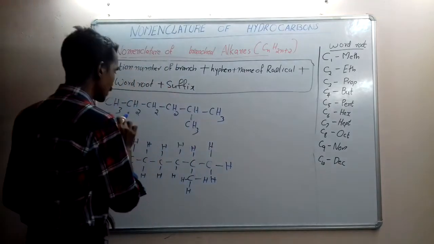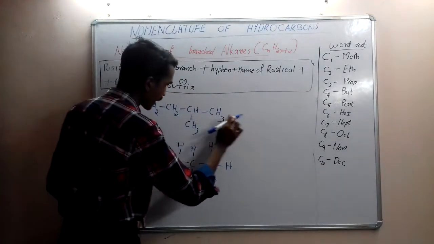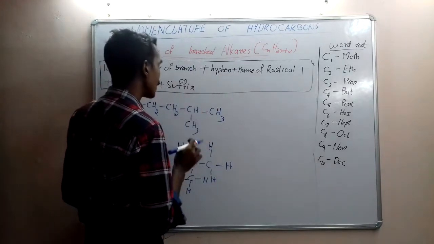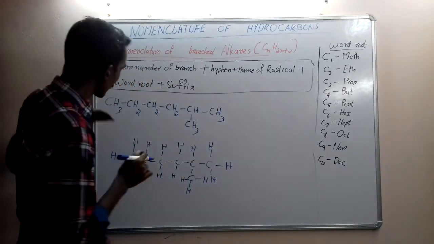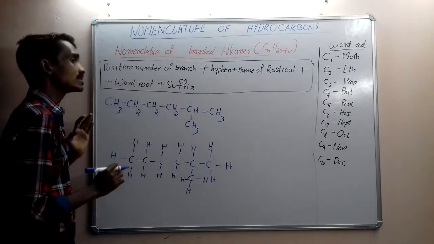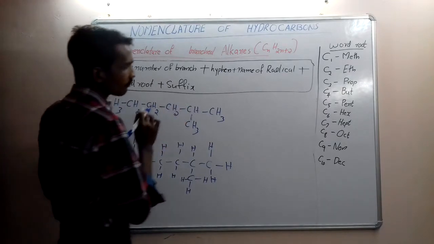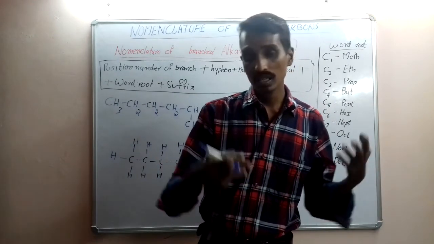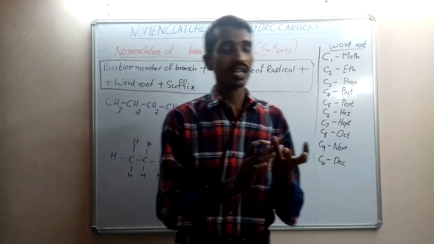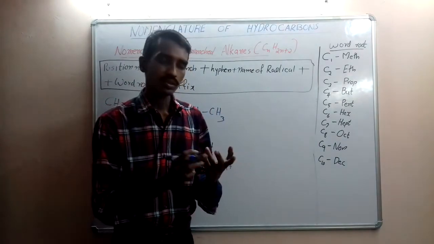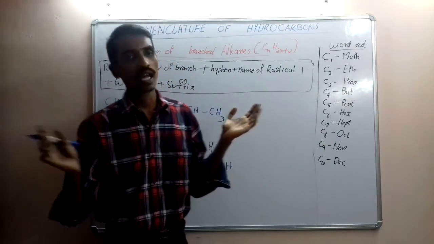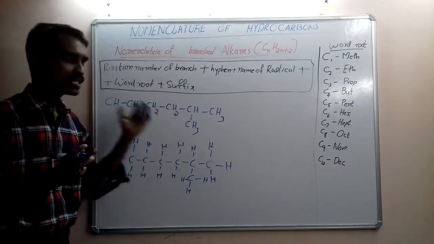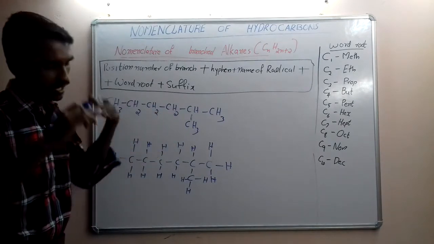So in this case, this is the main branch and the CH3 is known as alkyl radical. In this structural formula, only one main branch is there, and in other examples also, there can be 2, 3, 4, 5, 6, etc. alkyl radicals suspended on this branch. We take these in the other examples.